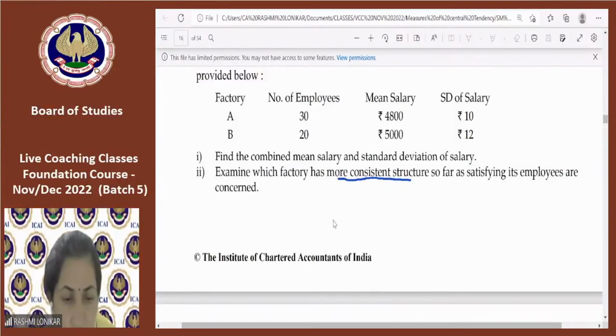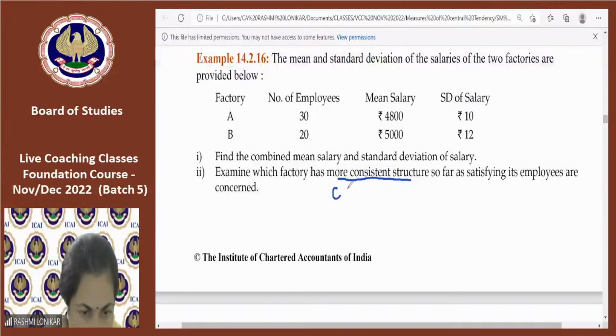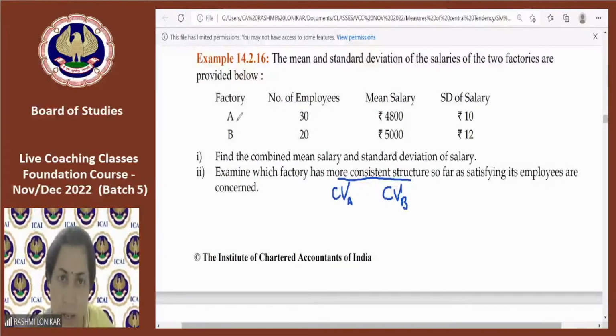How can I find out consistency? I can find out consistency using the coefficient of variation. We have to compare the coefficient of variation of factory A and factory B. Wherever the coefficient of variation is less, that is the more consistent salary structure. They are saying to examine which factory has a more consistent structure as far as satisfying its employees is concerned. So where the variation is less, it means that the factory is more consistent.